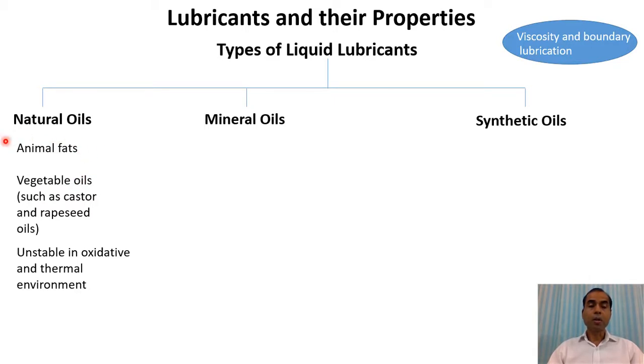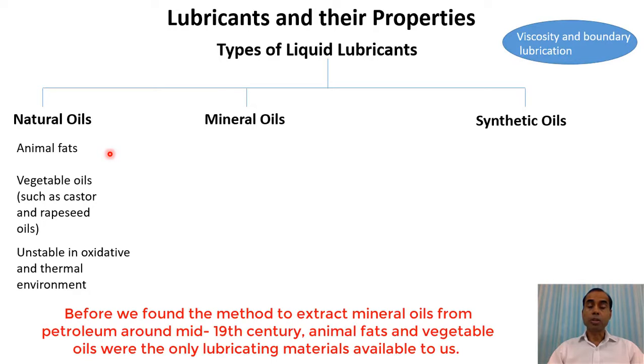These oils or fats have been used by human beings for lubrication for millennia before mineral oil started being used. Mineral oils were invented in the mid 19th century when we started getting petroleum from oil wells. Before that, throughout the history of human civilization, we used animal fats or vegetable oils for lubrication.